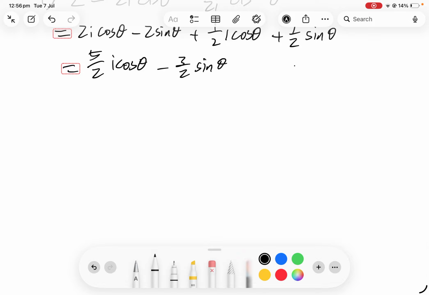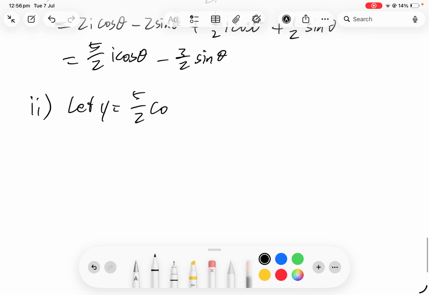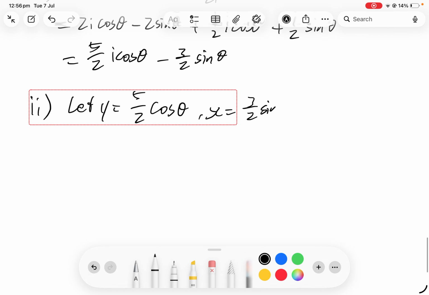And then for part 2 of this, we have to show that z is in the ellipse again, so let y equal 5 over 2 cos theta now, because that's on the imaginary axis, and x equals 3 over 2 sine theta.